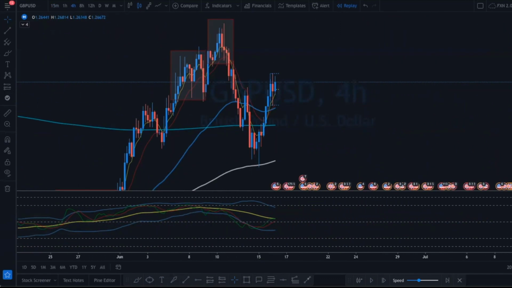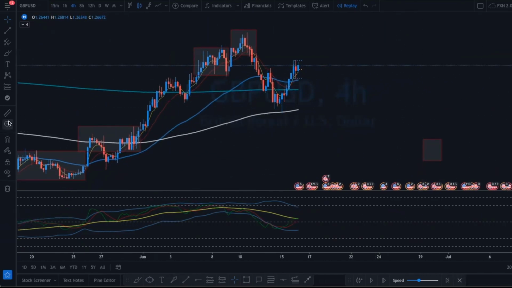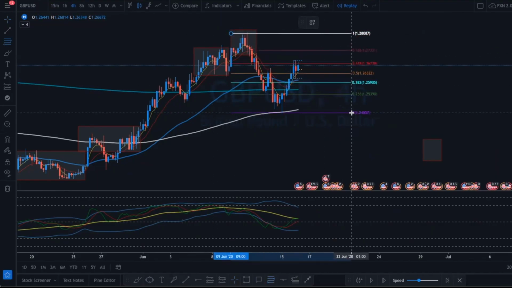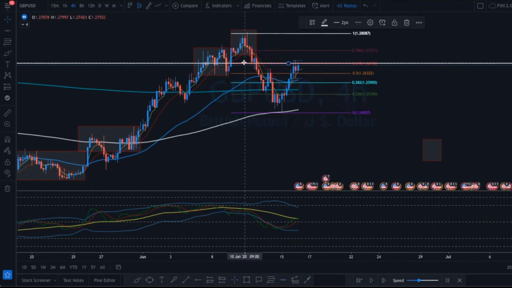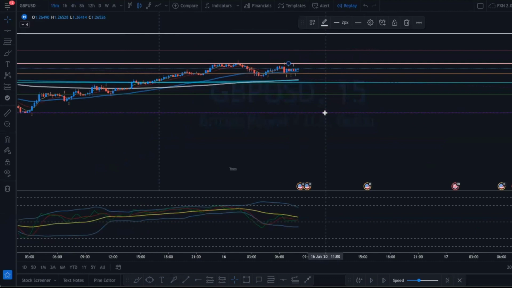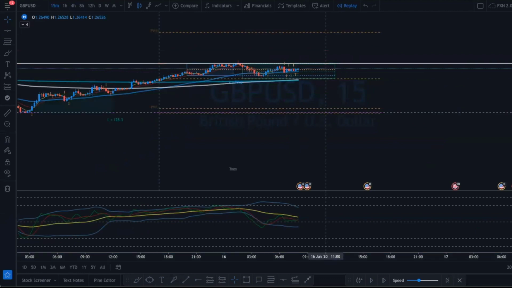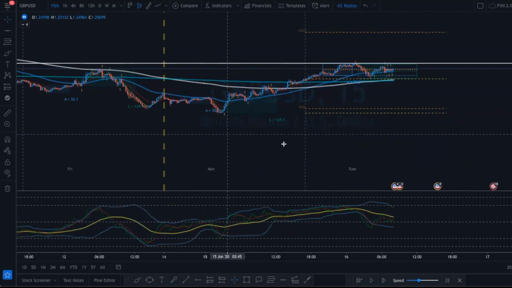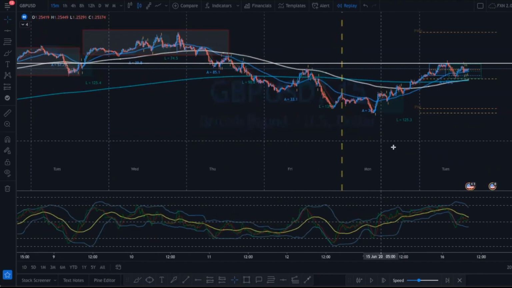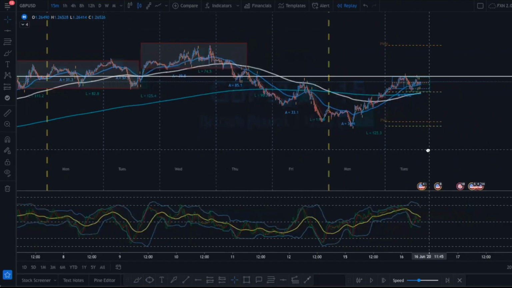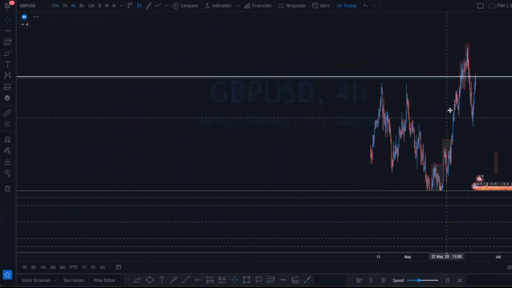Now, if we go to, let's say, a higher time frame, I'm just curious to see what the numbers are for this. But that's exactly what I expected. So this right here, I'm just going to put this out here. And so that line right there, on a higher time frame, this is just one level.